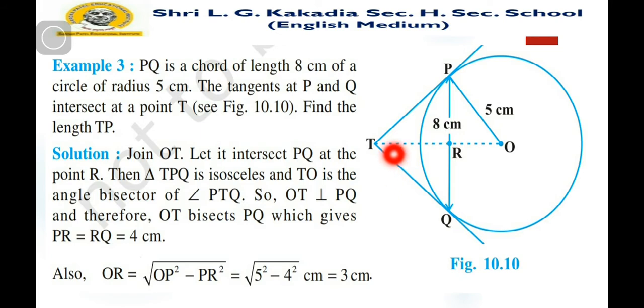So OT is perpendicular to PQ, and therefore OT bisects PQ, which gives PR equal to RQ, which is equal to 4 centimeters.